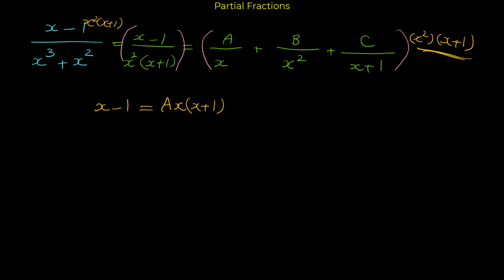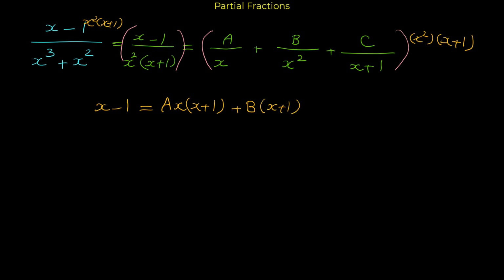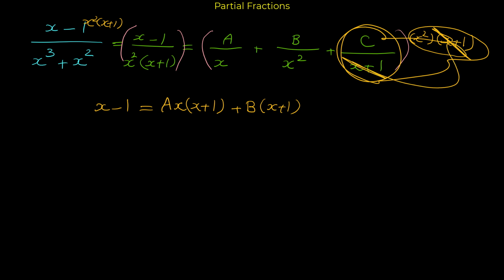When we multiply this in this fraction, x squared with x squared completely cancels, and then we have plus B times x plus 1. And finally, when we multiply this fraction, x plus 1 with x plus 1 cancels, and what remains?